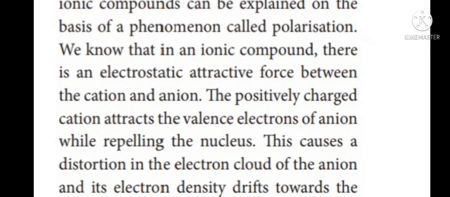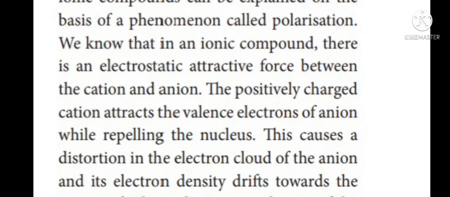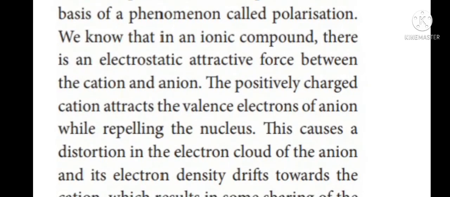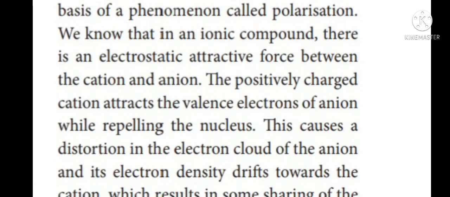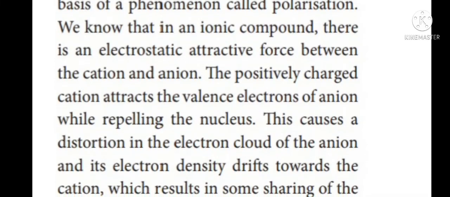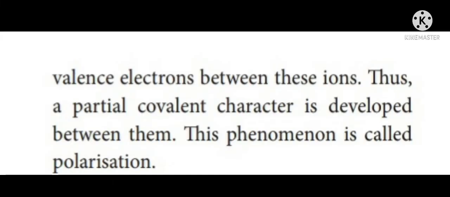The positively charged cation attracts the valence electrons of the anion while repelling the nucleus. This causes a distortion in the electron cloud of the anion, and its electron density drifts towards the cation, which results in some sharing of valence electrons between these ions. Thus, a partial covalent character is developed between them. This phenomenon is called polarization.